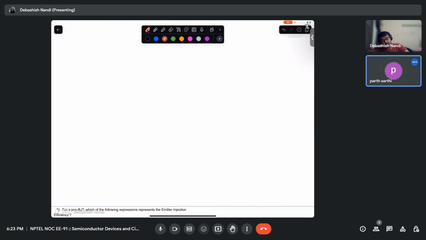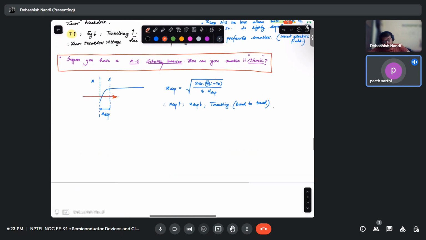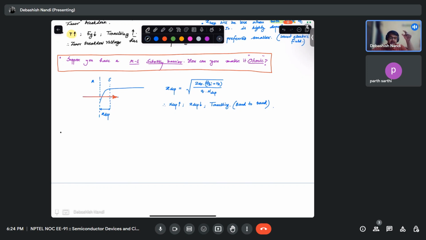Sir, this is what we use in a MOSFET to connect P plus and N plus. Exactly, absolutely. Same concept, right? The metal semiconductor you used, and the metal can also be used to contact the source and drain regions.